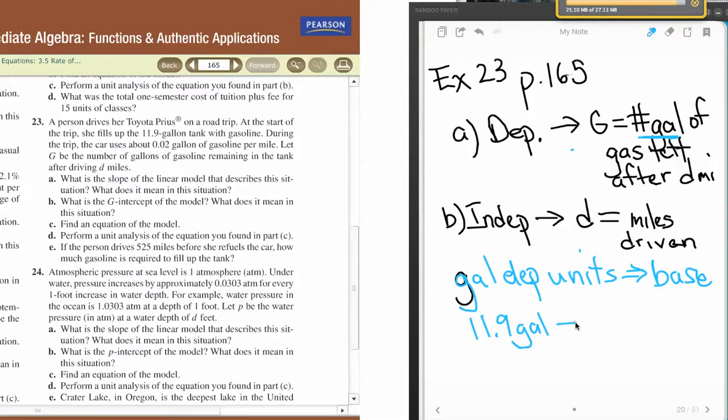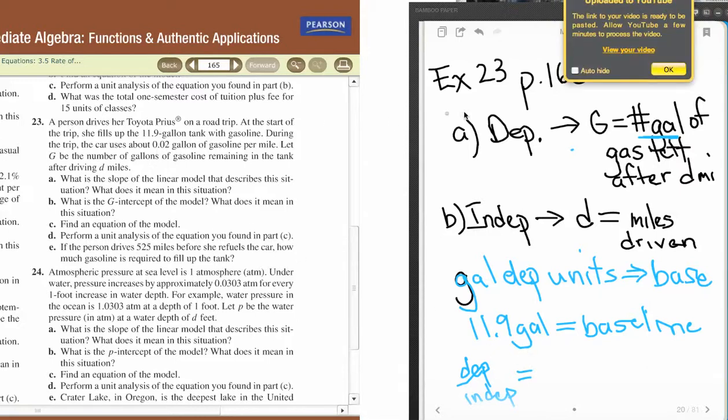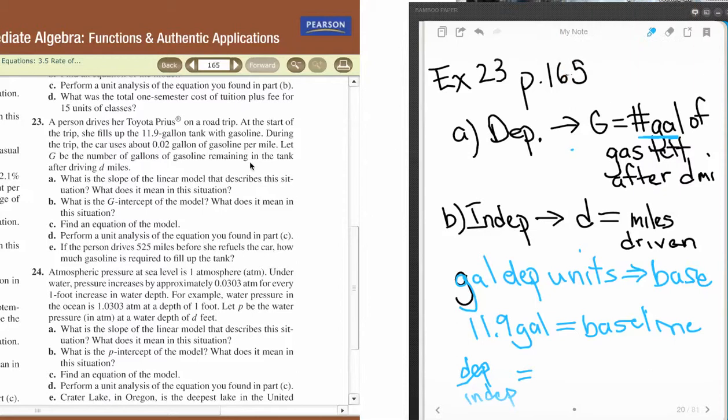And then from there, we have the rate of change that we're interested in. Well, the rate of change will have dependent units in the numerator and independent units in the denominator, right? So it'll look like dependent over the independent. So what we have there is the 0.02 gallons of gasoline per mile, because that's our units, right?